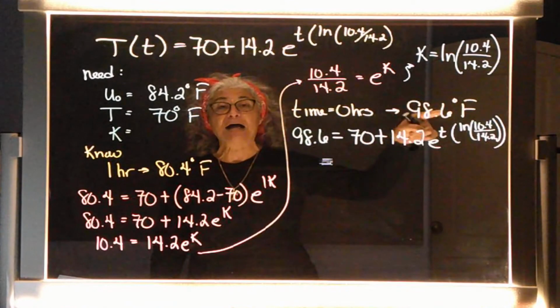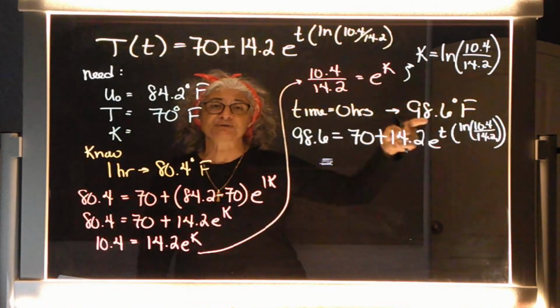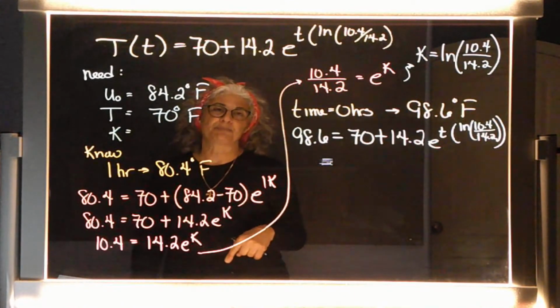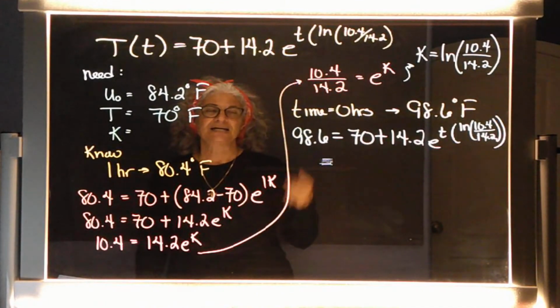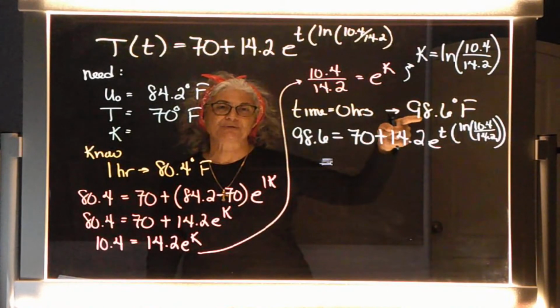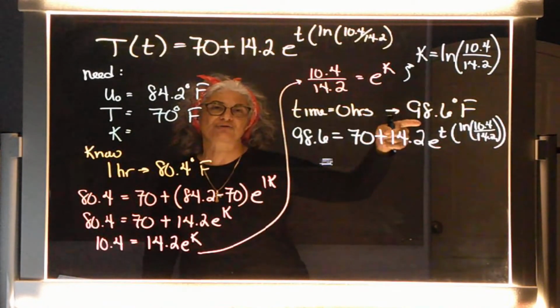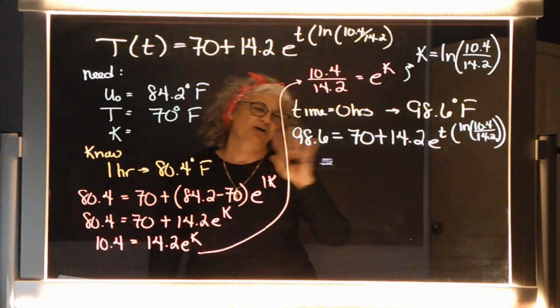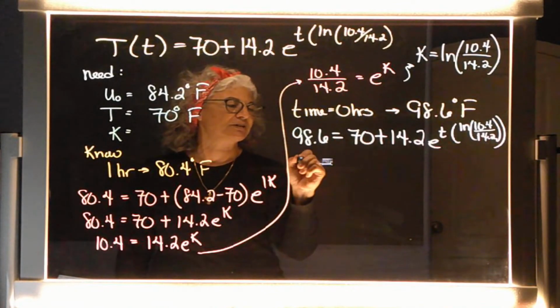Because when I know how long ago it was actually at the normal temperature, I'll know when the murder happened. Does that make sense? If I can figure out how long ago the body was at 98.6, how many hours ago? Cool? All right, so let's start doing some of our work here.